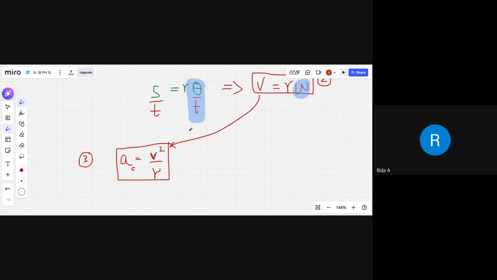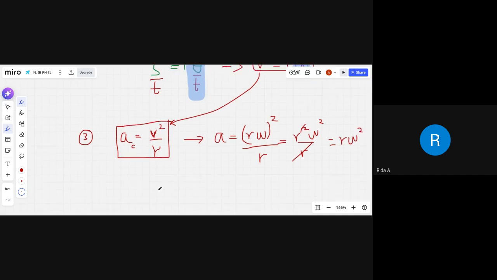If you plug in this v in that formula, you end up with acceleration equals, instead of v, I'm going to write r omega, and that whole term will be squared over r. So that would be r squared omega squared over r, and then the r's cancel out, and you have r omega squared. So the second formula for centripetal acceleration is omega squared r.